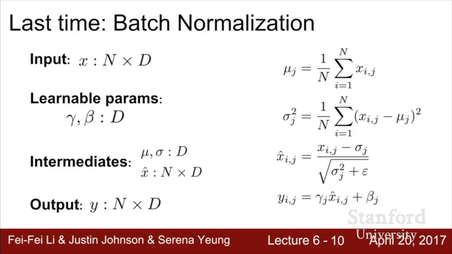In the forward pass, we use the statistics of the mini batch to compute a mean and a standard deviation, and then use those estimates to normalize our data. And then we also reintroduce these scale and shift parameters to increase the expressivity of the layer. So you might want to refer back to this when working on assignment 2.